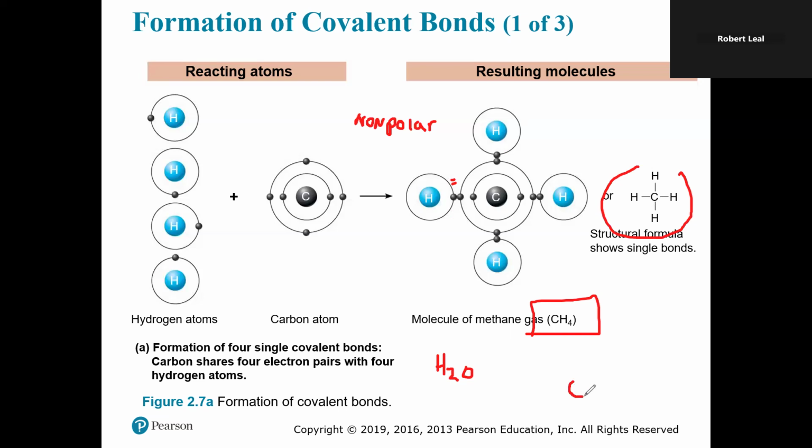I'll draw 1 oxygen and then 2 hydrogens. And I drew one line indicating that each hydrogen is sharing 1 electron with oxygen, and oxygen is sharing 1 electron with each of these hydrogens. It's called structural formula. And this is called a single covalent bond when each one's sharing 1 electron with the other. Had you seen 2 lines, then they're sharing 2 electrons with the other.